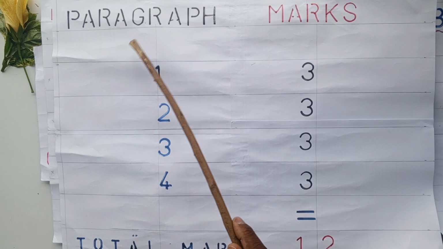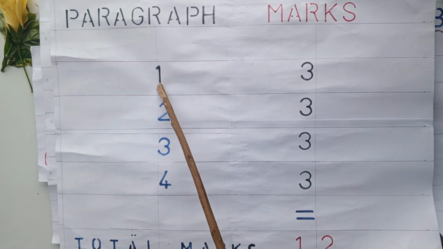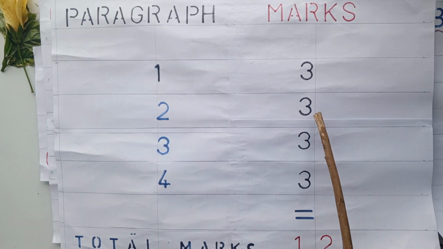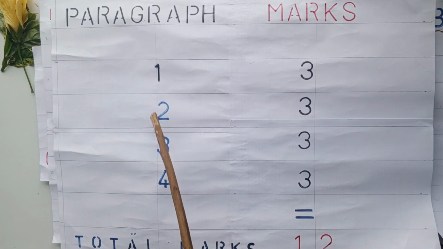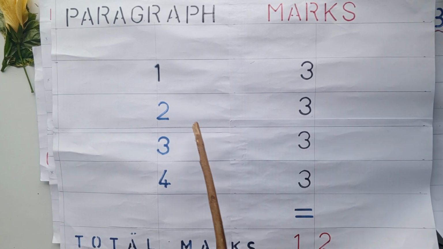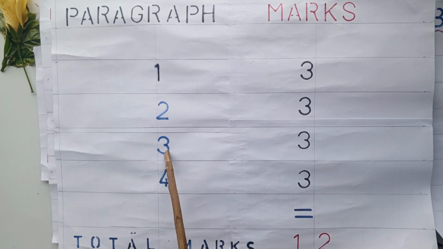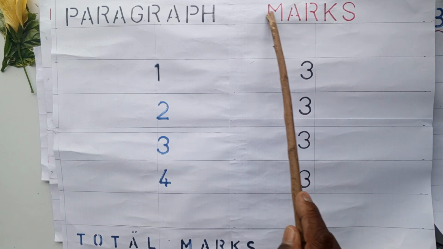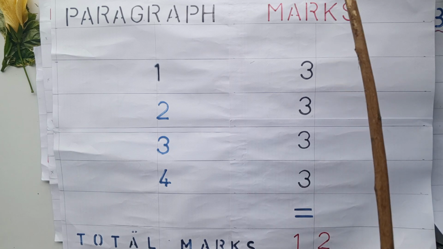Then one paragraph, you score 3 marks. The second one, following the first one, you score 3 marks. The third one, following the second one, you score 3 marks. The fourth one, following the third paragraph, you score 3 marks. In total, 12 marks is what I'm talking about, body marks.